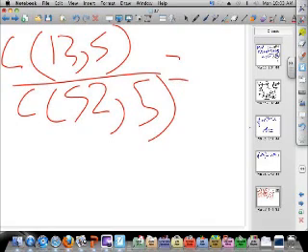We do this simple calculation and we get 1287.